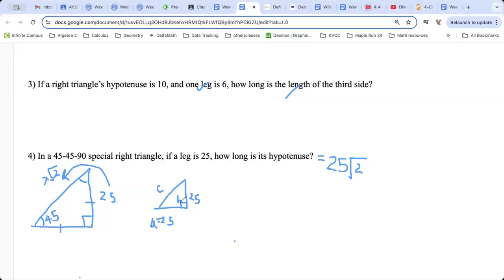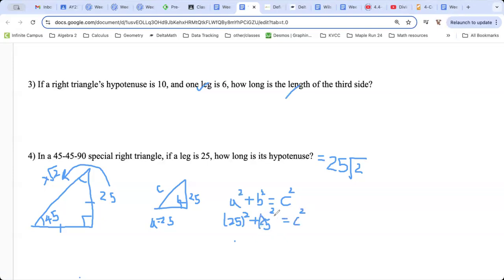Okay, and since it's a right triangle, A squared plus B squared is equal to C squared. So you just plug it in there: 25 squared plus 25 squared is equal to C squared.